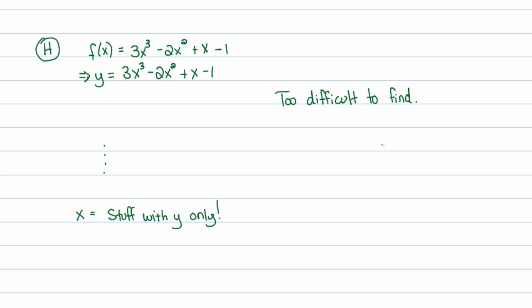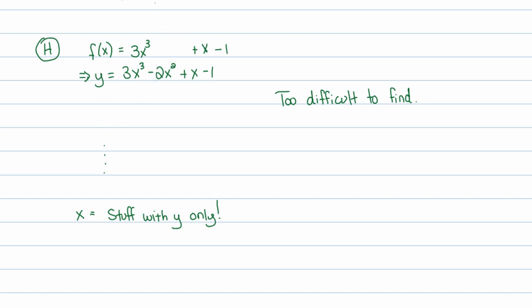It could be. The one thing that I can tell you right now is not invertible is because of the even power I see right here. Once I see an even power, because I've dealt with math long enough, I know it's not going to be invertible. But if we took that second term out and it was just 3x cubed plus x minus 1, that is invertible, but I still can't find the inverse. I'm not going to even bother.